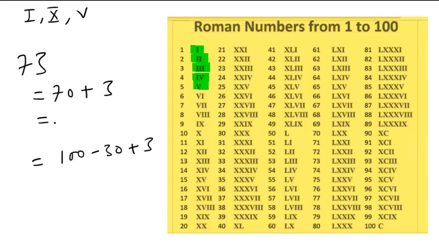Let us try this combination 70 plus 3. 70 means 50 plus 20 plus 3. Now 50 can be represented as L, 20 can be represented as XX, and 3 can be represented as III.